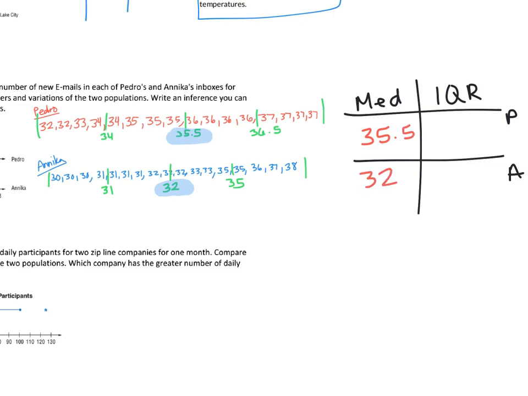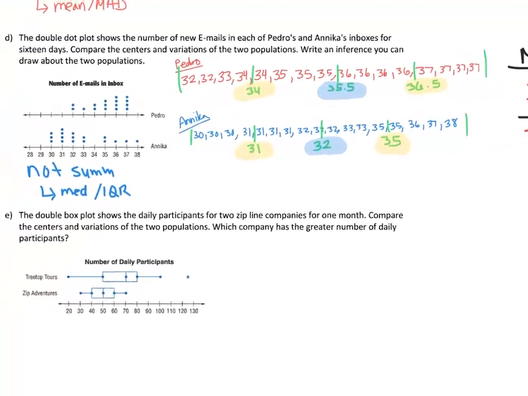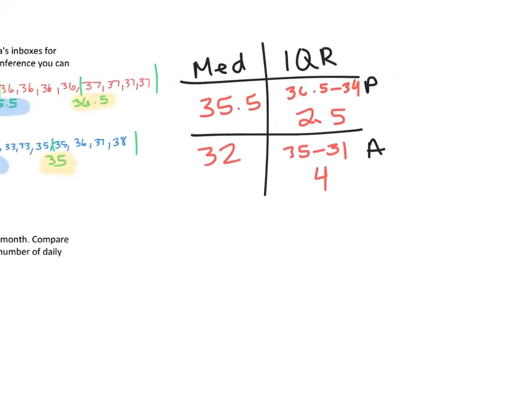And the IQR, you're going to subtract these numbers. So the IQR is going to be 36.5 minus 34, which is 2.5. And for Anika, 35 minus 31, which is 4. Okay, so now let's compare their centers and variations and then write an inference.